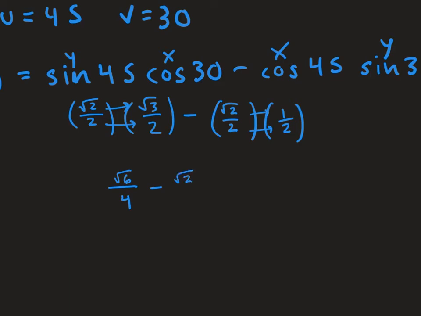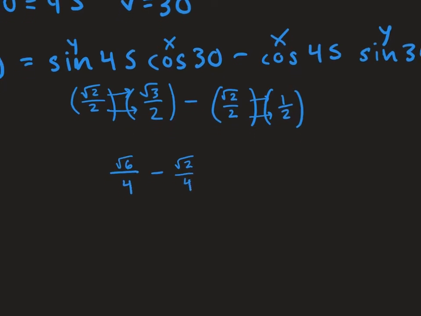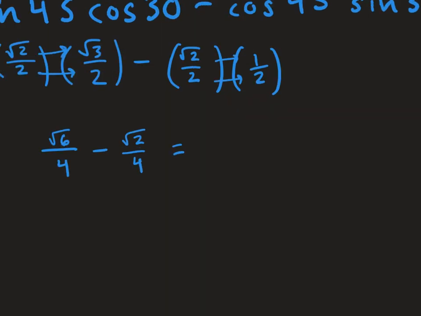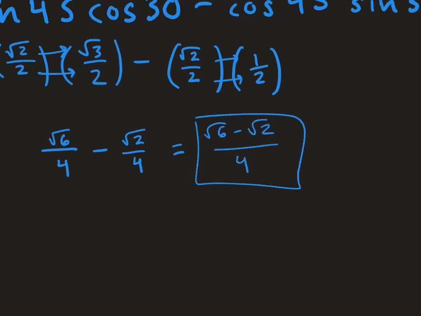Square root 2 over 4. Now how do we simplify? Square root 6 minus square root 2 over 4. Awesome. We get the same answer as last time, which is just a coincidence.